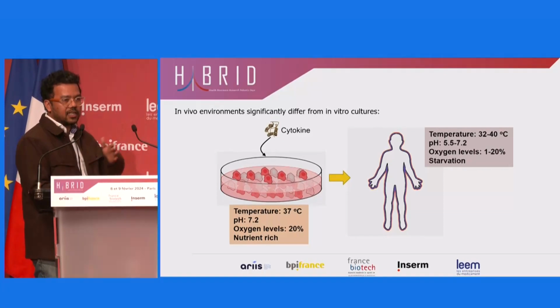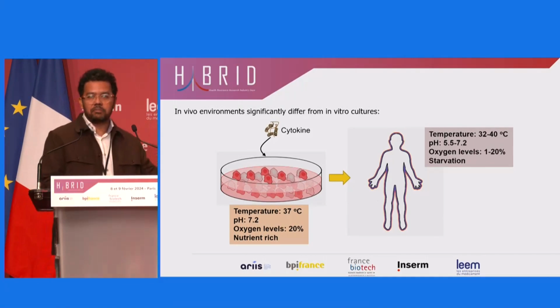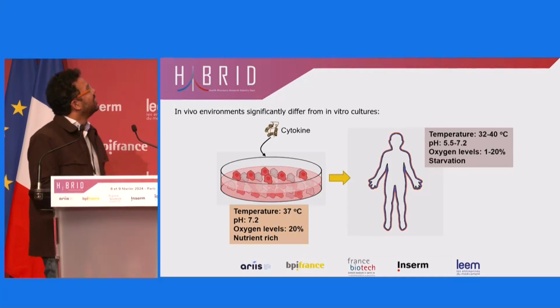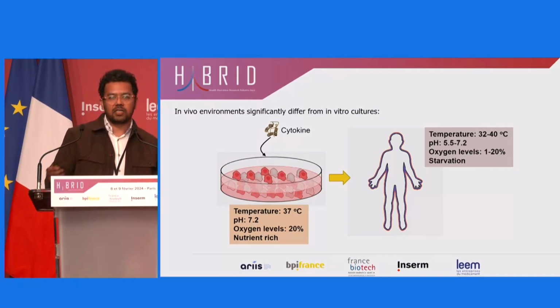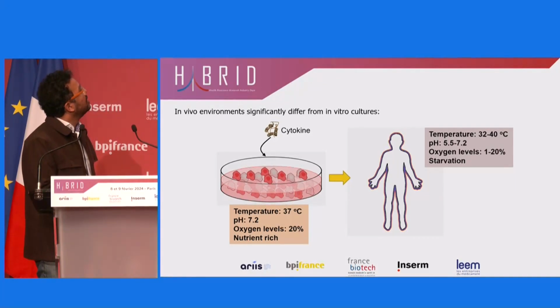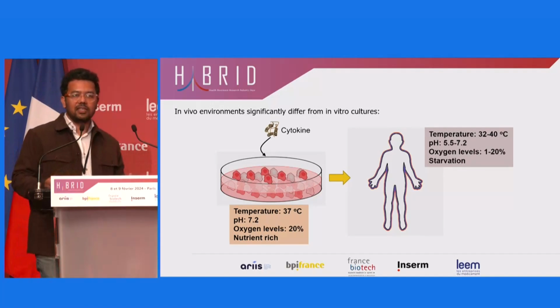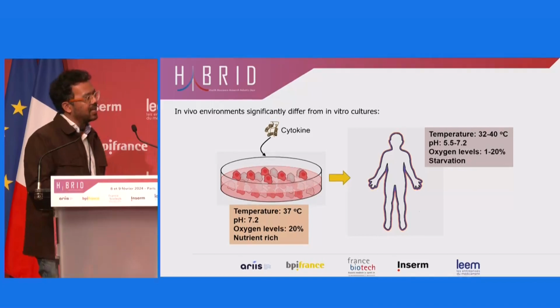The pH can really drop to something around pH 5.5 to 6. And oxygen levels could drop from 20% to 1%. Also, the nutrients can be different in different tissues. For example, you can have much more potassium and sodium ions in tumor tissues. So I think it is really important to study cytokine or cellular activity in the context of those chemical environments.